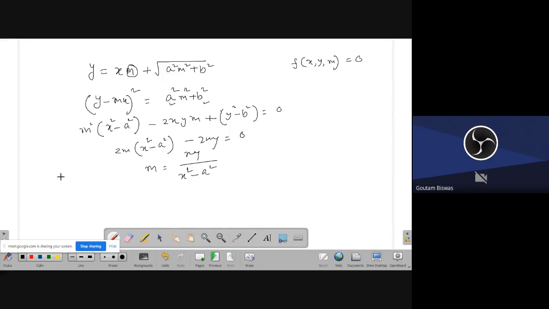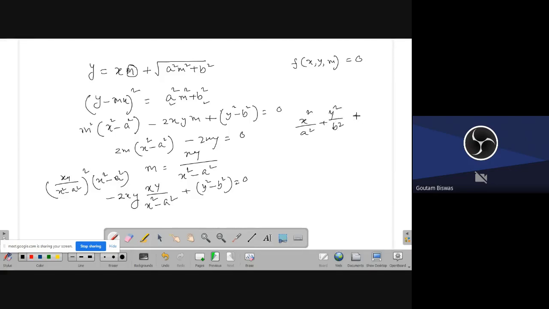So put the value of m: xy by (x square minus a square) whole square into (x square minus a square), minus 2xy times xy divided by (x square minus a square), plus y square minus b square equals 0. Now if you simplify this, it will convert to x square by a square plus y square by b square equals 1. This is an ellipse.